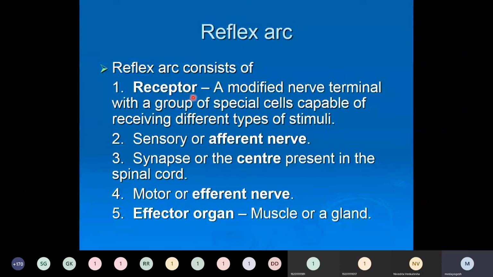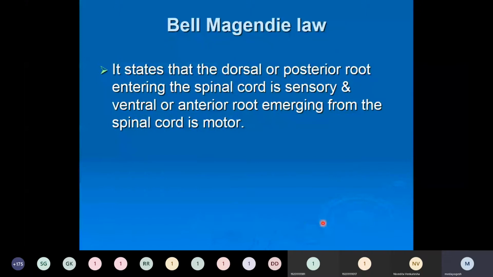Now it is believed that everything is carried by free nerve endings. Of course, this has not yet come to the stage of a textbook, so for your exam and viva, it's better to stick to the textbook knowledge right now. Then next you have the afferent nerve, the center, the efferent nerve, and the effector organ. That's what we just saw.